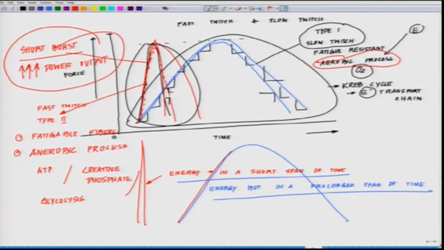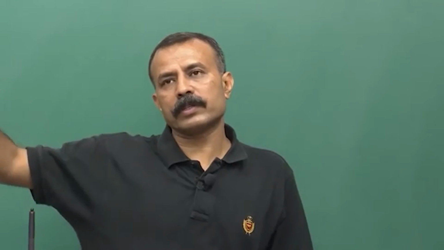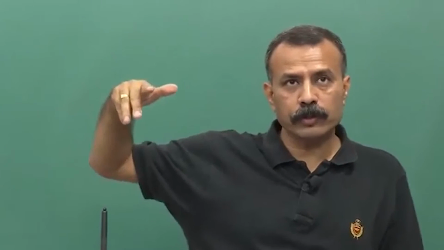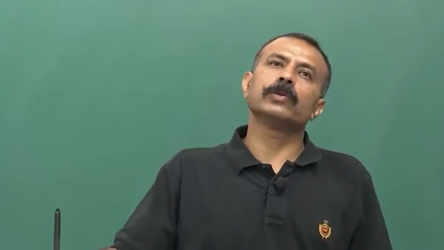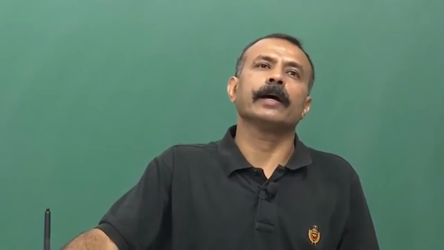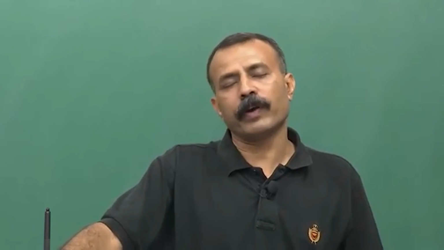Whereas, on the contrary, the slow twitch type is very prominent in marathon runners, who are running slowly because they have to cover some 45 miles of stretch, compared to a person running a 100-meter dash, who has to be very fast.